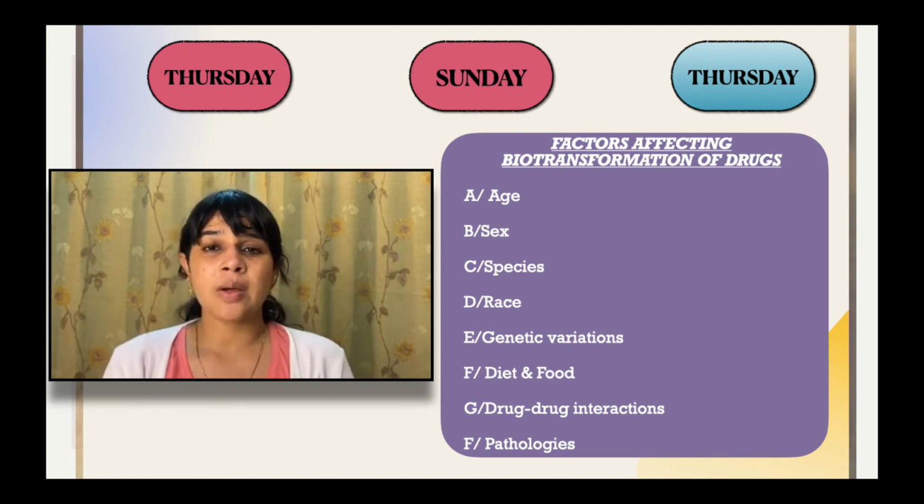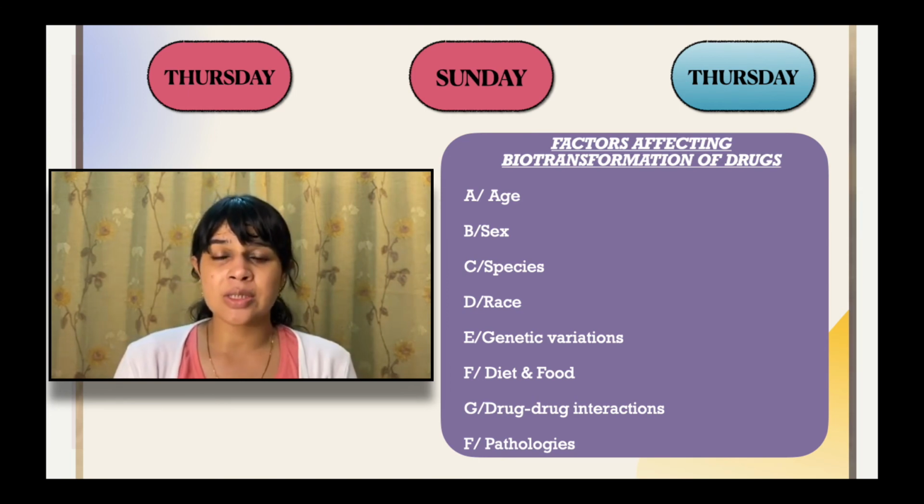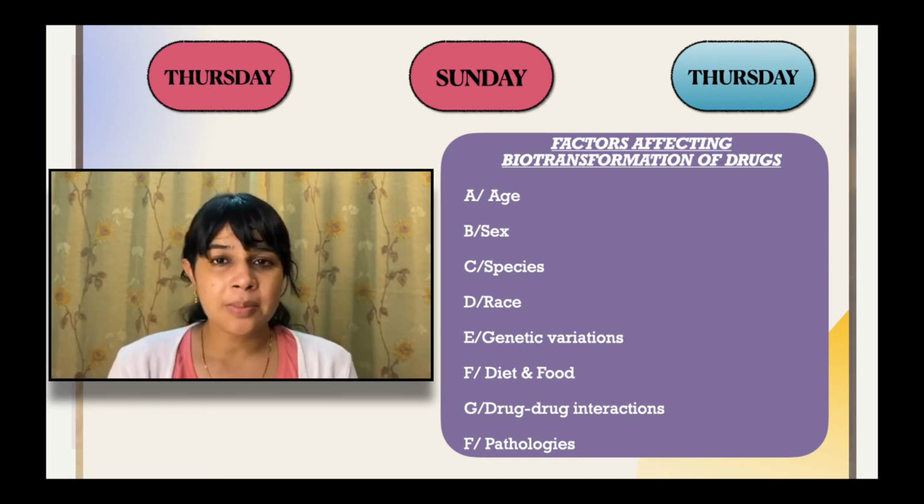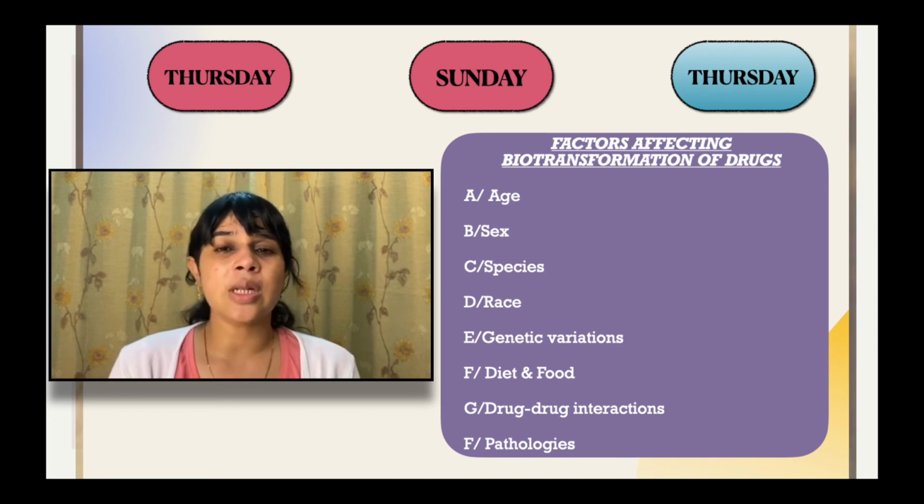Then I talked about the factor of drug-drug interactions. In that, we have to take into consideration what we started in the last episode, that is the enzyme inhibition and the enzyme induction process. That leads to a lot of drug-drug interactions, and ultimately to the slowing down or the acceleration of the metabolism.